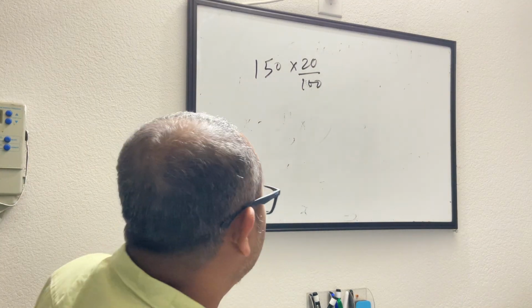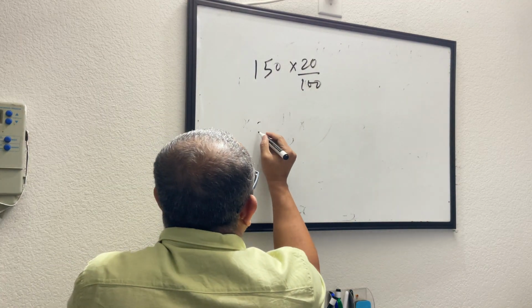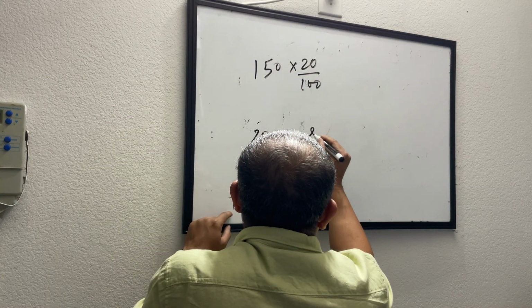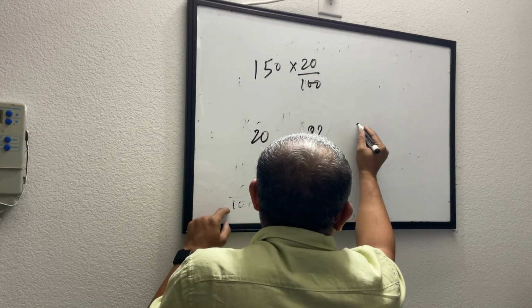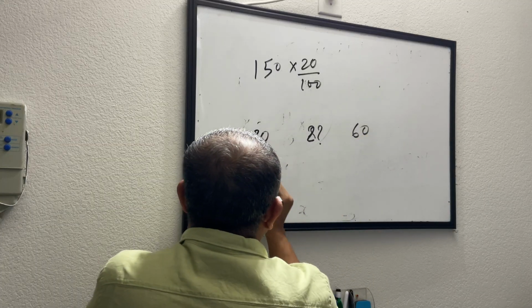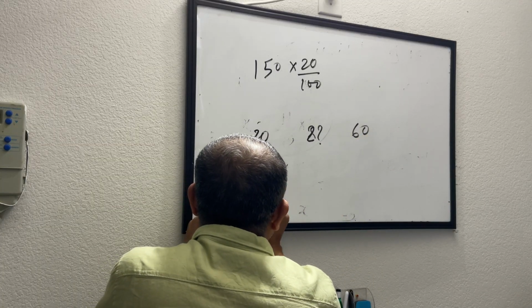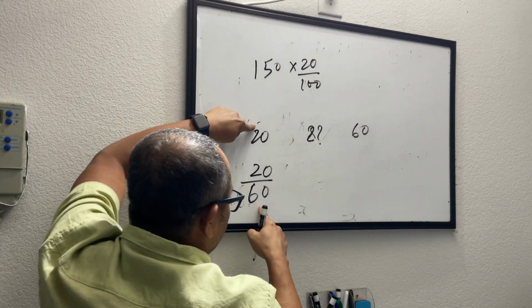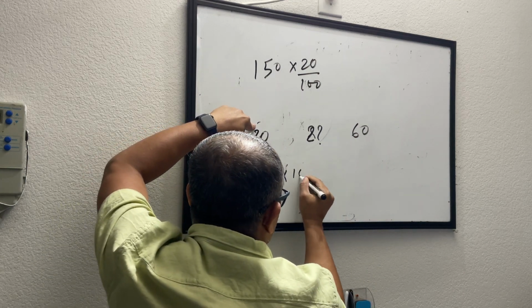Second situation would be you have a number 20. 20 is what percentage of 60, let's say. So 20, you are comparing against whichever number, that becomes your denominator and multiply by 100.